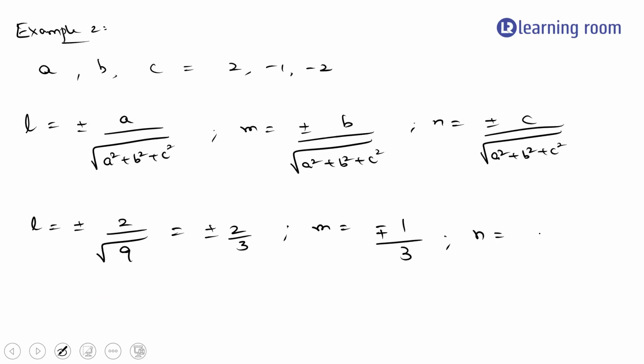N will be minus or plus 2 divided by 3. So I hope you understood the meaning of plus or minus and minus or plus. When you take L to be positive, the corresponding value of M you are supposed to make negative, and N also should be negative, because that is the upper sign. For lower, when you consider L to be negative, M will be positive and N will be positive.